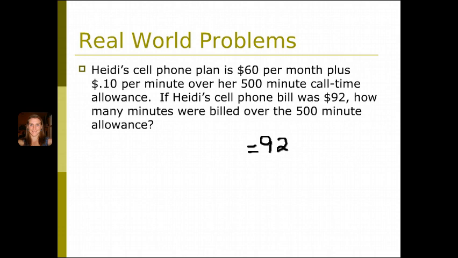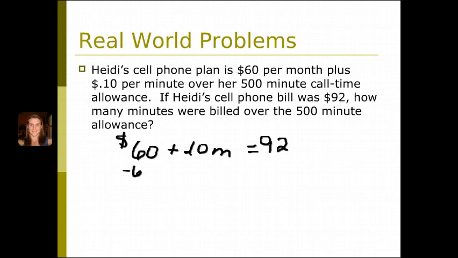Well, we know that she has to spend $60 a month. It's just what her plan costs. Plus an additional 10 cents per minute. Remember, per means multiply. So we're multiplying 10 cents per however many minutes she talks. So now we've got an equation where we've got to solve for the number of minutes.